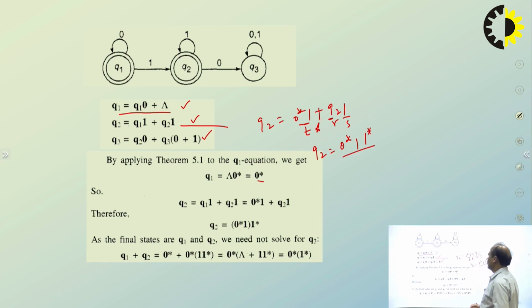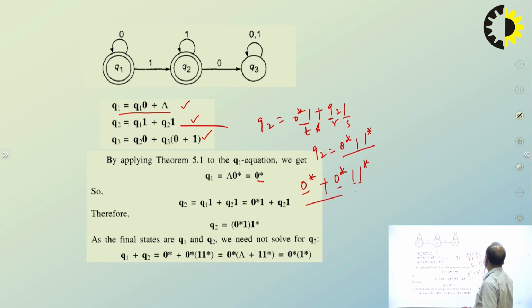Since Q2 is the final state, you have to solve Q2, and Q1 is already 0 star. Q2 is 0 star 1 star. So you just add them together, because there is no need to solve Q3, as Q3 is not a final state, right? So Q1 is 0 star, Q2 is this. The overall regular expression is the addition of 0 star plus 0 star 1 1 star.